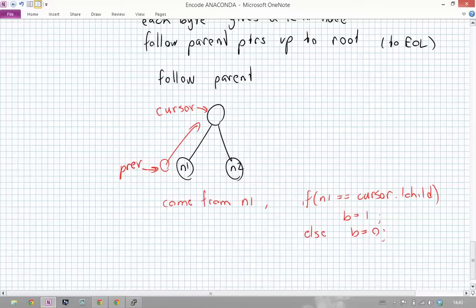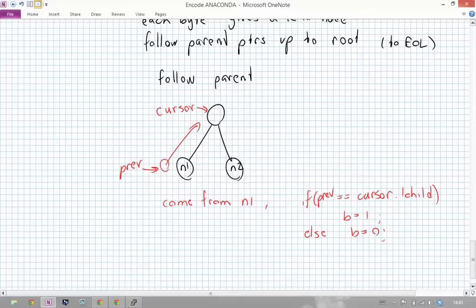I like that. So you're at prev, and you look at it, but prev is really just an index. And cursor is just an index.